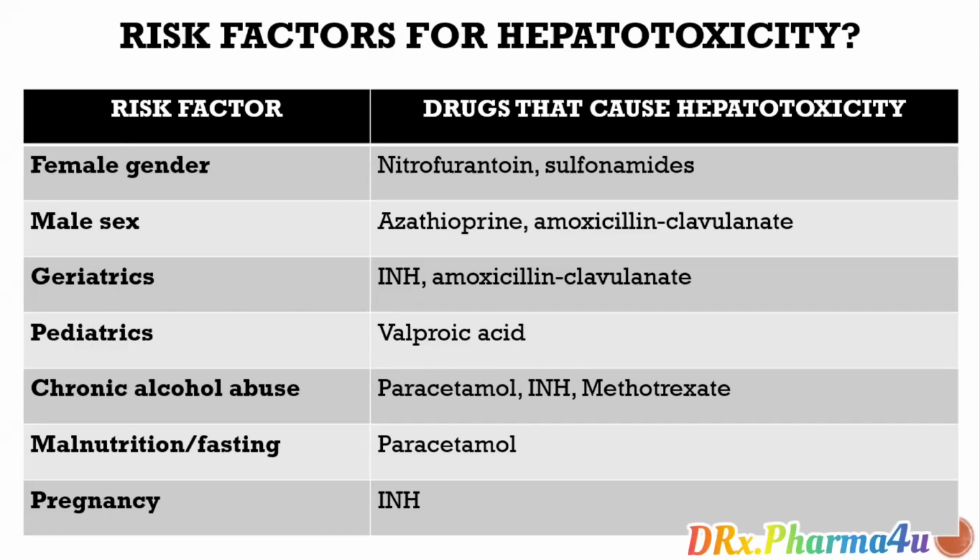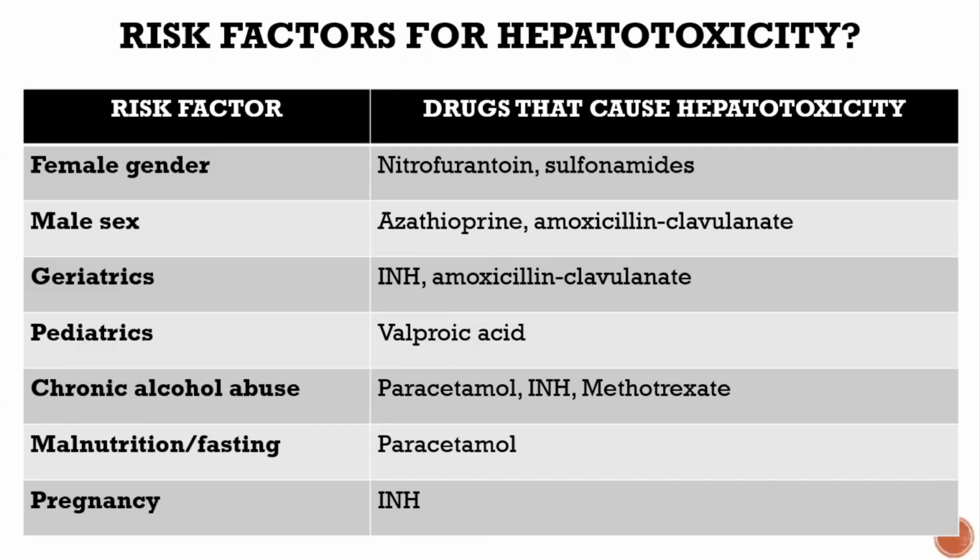And already if you are having some kind of liver damage, this can further worsen it. So this is also important to know. You can refer Roger Walker for this. There is a table explained there. So these are the individual risk factors and the drugs that may precipitate hepatotoxicity for the particular risk factor.